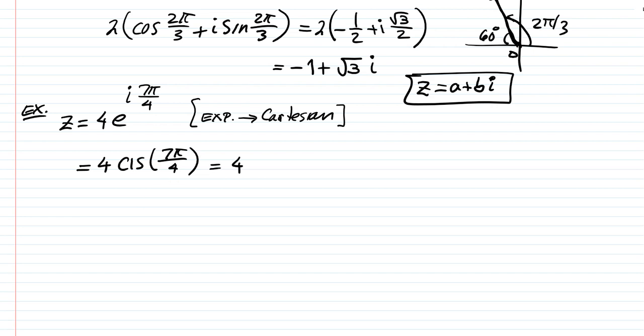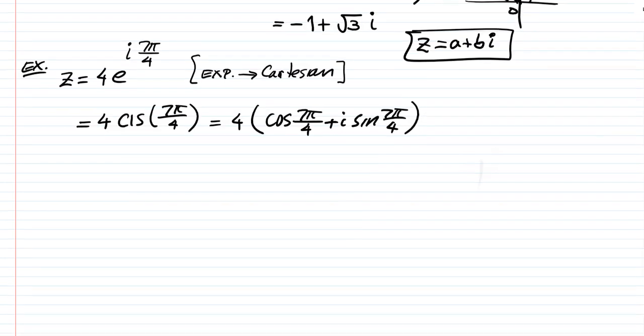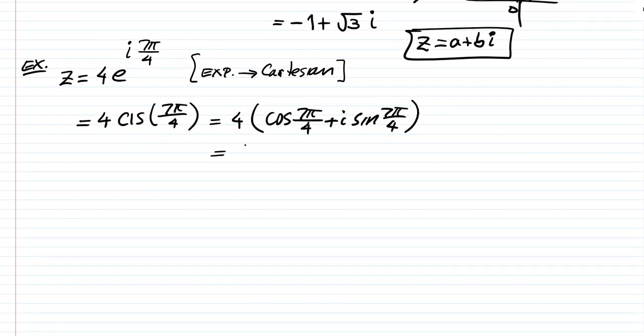So this is going to be what? 4, and the full trig form using cosine and sine: cosine 7 pi over 4 plus i sine 7 pi over 4. Again, hopefully we can evaluate these at this point because we've done them so many times before.